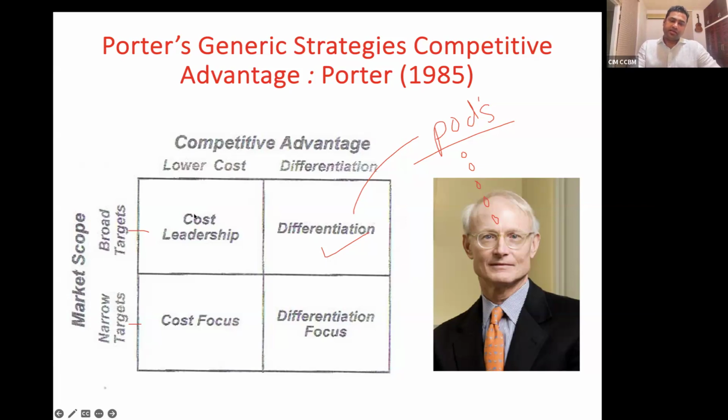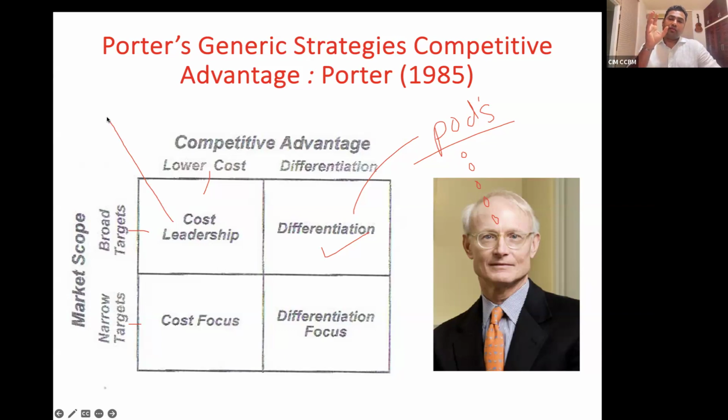Then cost leadership is when you compete on the lowest cost. Example: Walmart, Cargill's, budget airlines, budget hotels, Perra and Sons. You compete on being the lowest cost producer, and cost leadership is a strategy. Usually you will have a large customer base like Cargill's, like Walmart.